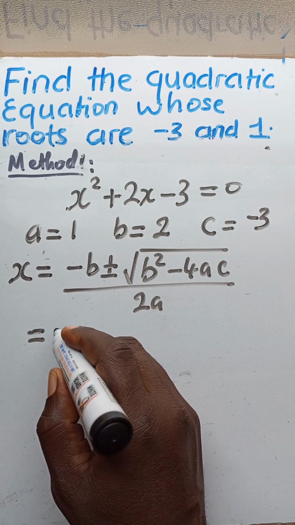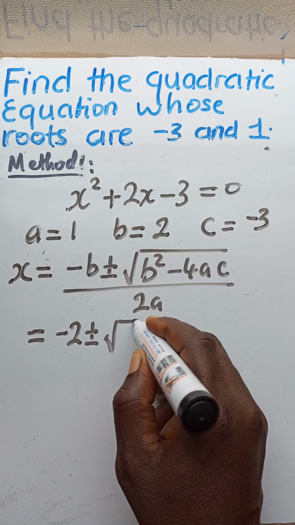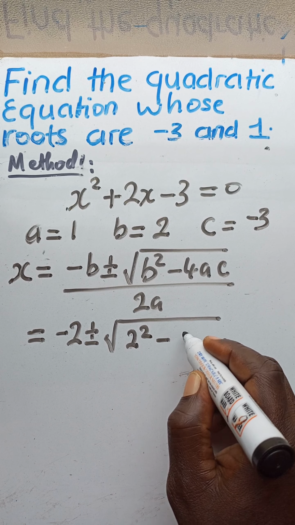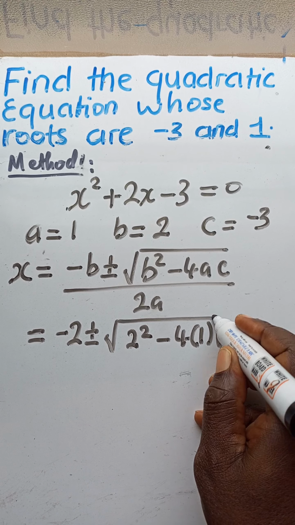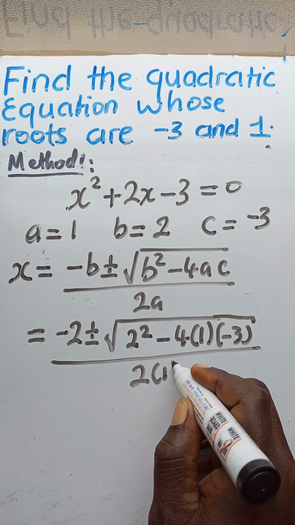And so we get negative b, negative 2, plus minus the root of b squared, 2 squared, minus 4ac, all of that divided by 2a.